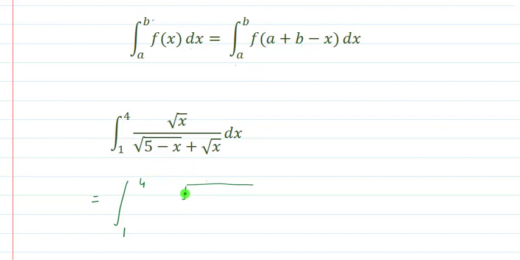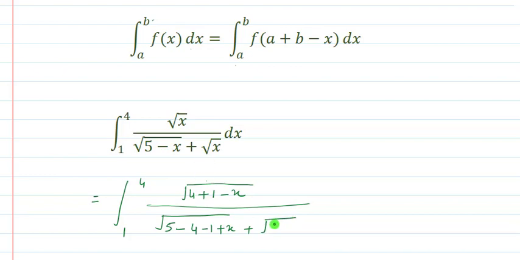So a plus b minus x means 4 plus 1 minus x, so 5 minus x, and the same in the denominator. Because of this minus sign, all the signs get changed, and plus x is again written as 4 plus 1 minus x.